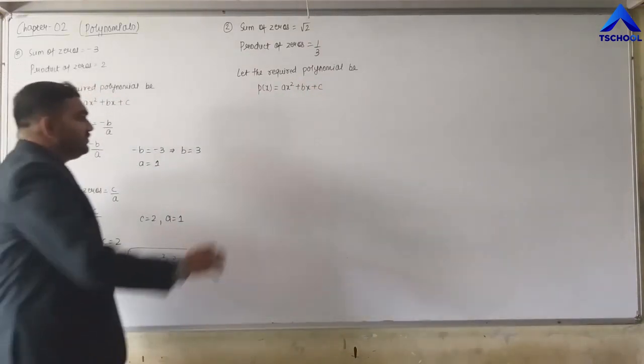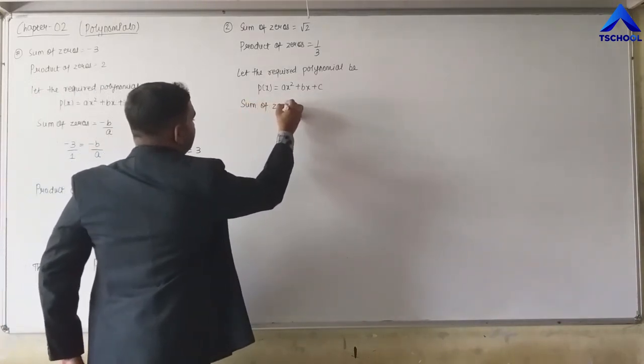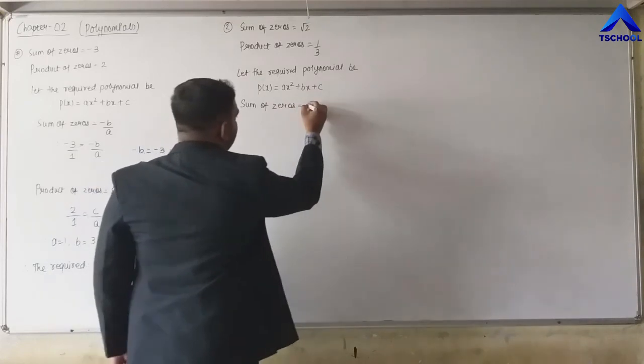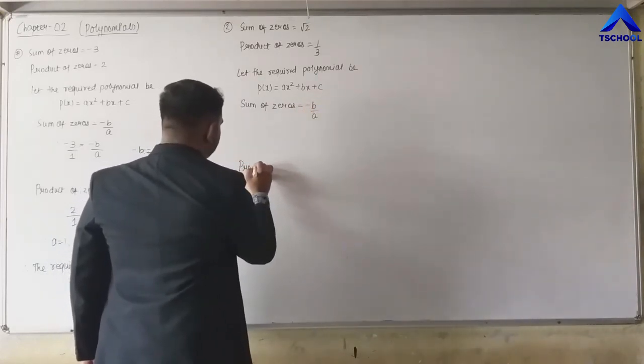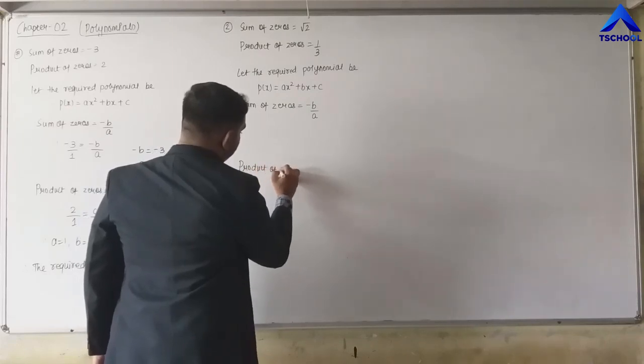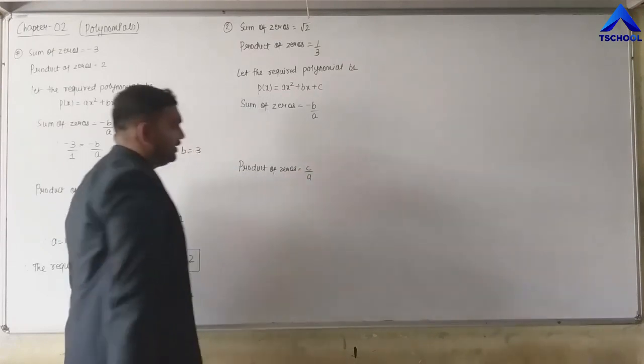So from this we can say that the sum of the zeros is equal to minus b by a, and the product of the zeros is equal to c by a.